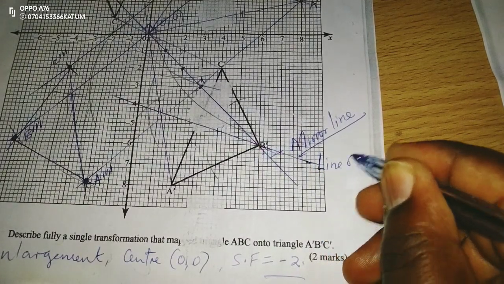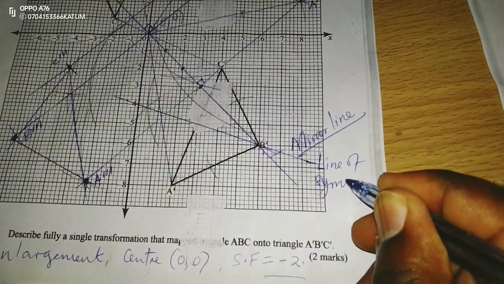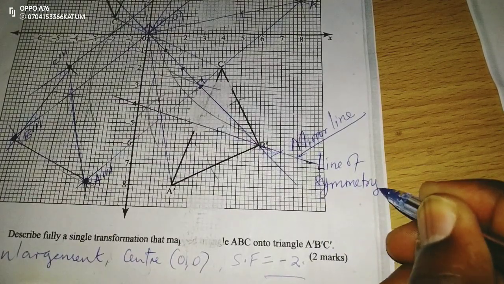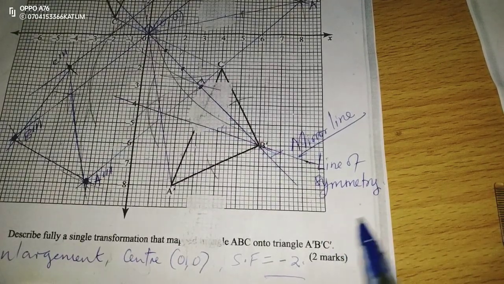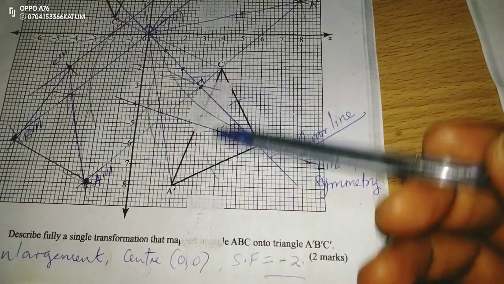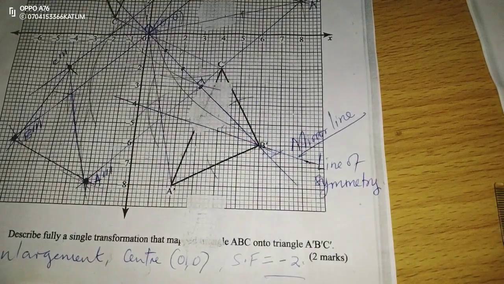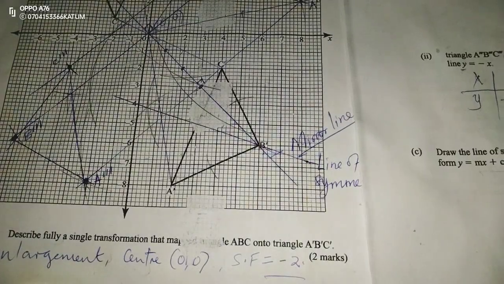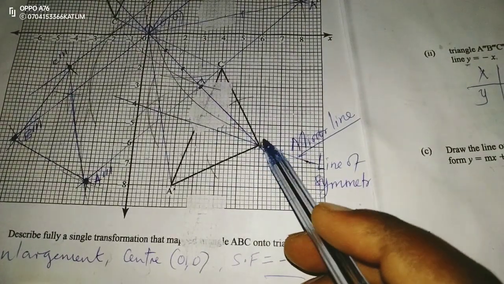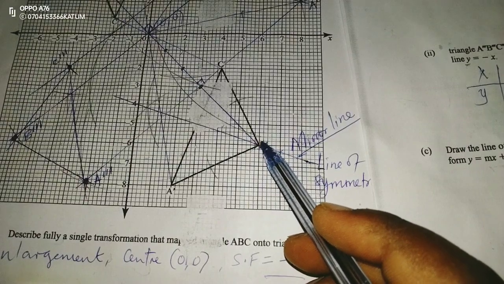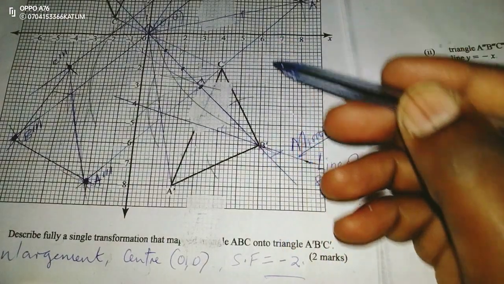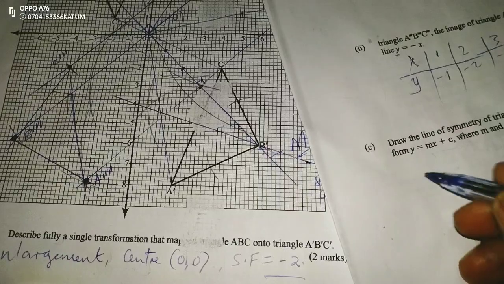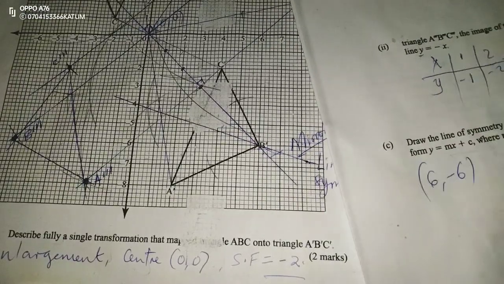The line of symmetry is a line that divides a certain figure into two. So this line of symmetry for the first triangle, the first image, can be expressed in terms of its equation, whereby we'll start with identifying two coordinates. For instance, we have the point of B, (6, -6).